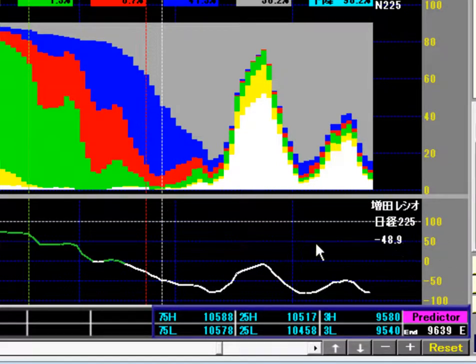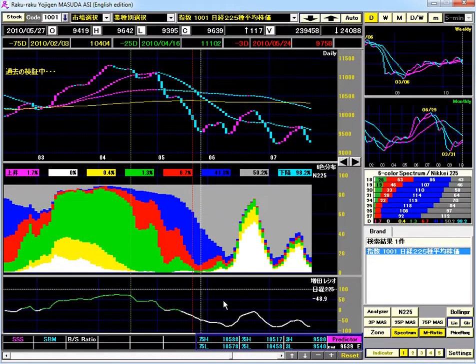Now, the Masuda ratio is calculated as the difference between the percentage of green B pattern stocks and the percentage of black E pattern stocks. So it's this green percentage number minus this black percentage number. In this case, minus 48.9 is 1.3 minus 50.2.